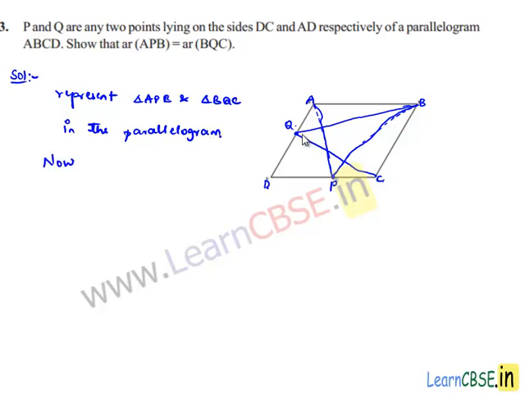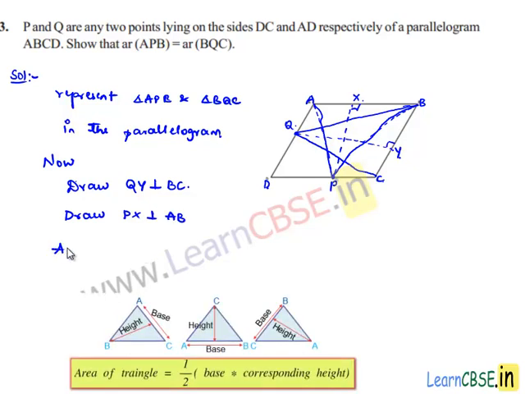Now from Q, draw a line to BC perpendicularly, that may be QY. Therefore here now we have drawn QY line perpendicular to BC, and also draw PX that is perpendicular to AB.